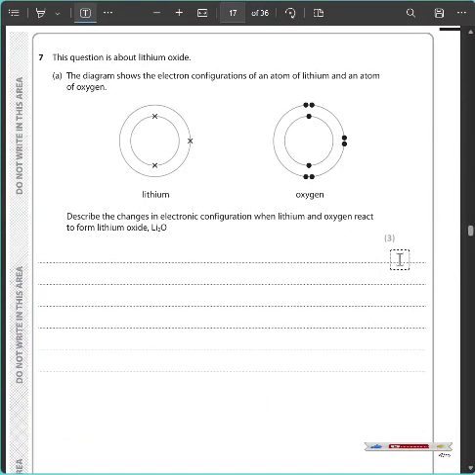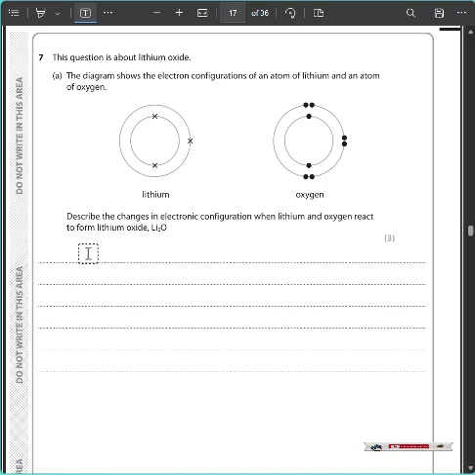The 7th question. This question is about lithium oxide. This diagram shows the electron configurations of an atom of lithium and an atom of oxygen. Describe the changes in electronic configuration when the lithium and oxygen react to form lithium oxide, Li2O.